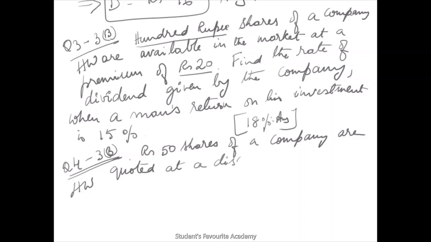Discount means, children, you remember, you have to subtract, at a discount of 10%. So in order to get the market value, you have to subtract 10% of 50 from 50. You followed? You remember, premium you have to add, discount you have to subtract. I have mentioned it in the first class.